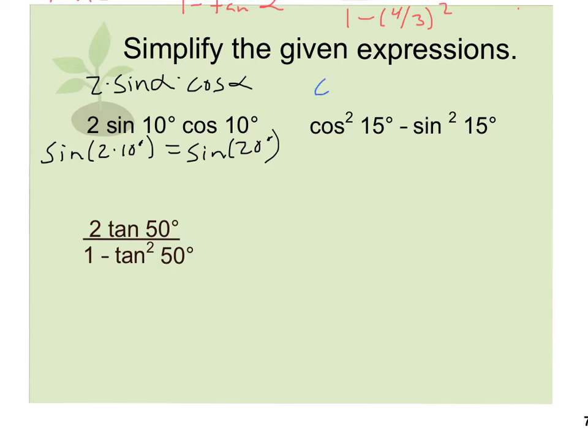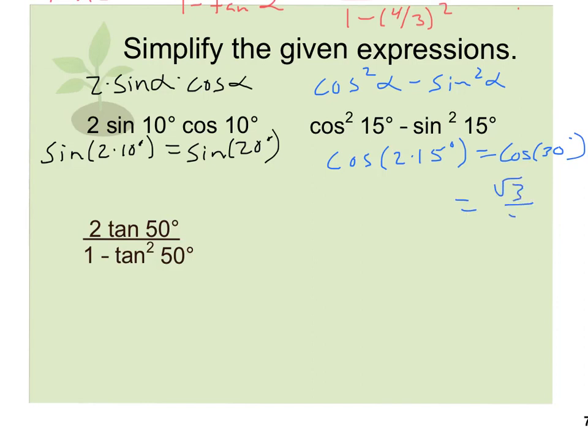Look at this one: cosine squared of alpha minus sine squared of alpha. That's a double angle formula for cosine, assuming that alpha is 15 degrees. Here we find ourselves in a different story, because cosine of 30 degrees we can simplify with the unit circle: square root 3 over 2.